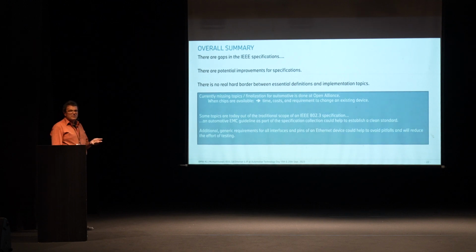It has a big risk that non-conformant implementations escape to the market. As I said before, some topics are today out of the traditional scope, but we should work on having more guidelines on it. Some additional requirements will help to avoid these time-consuming pitfalls.